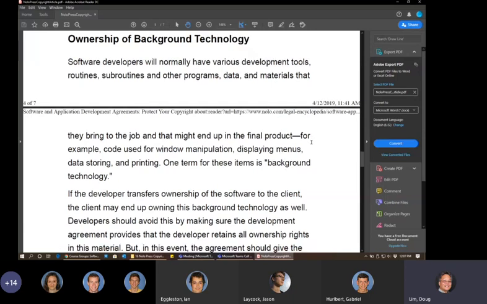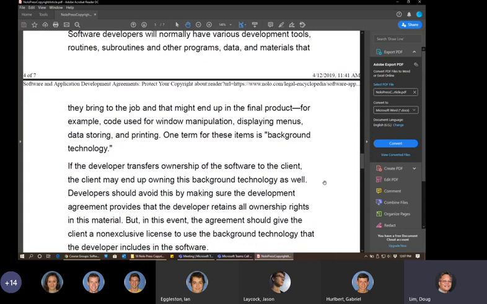These basic background technologies you generally want to retain ownership of. Otherwise, when you start using those technologies, if you've sold the rights away, you're violating the ownership contract.